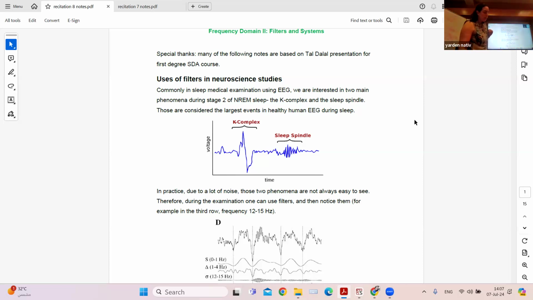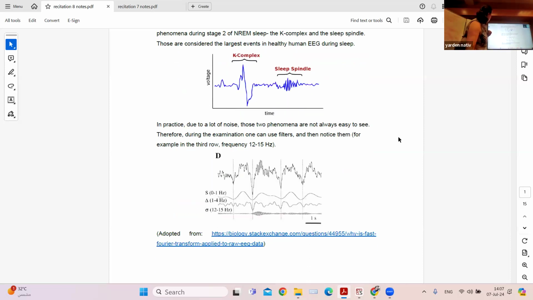So what we're commonly doing is that we take this EEG and then we use a Fourier transform to look at it at different frequencies, okay? We take this full EEG recording into a device, and this device uses the Fourier transform, and then it says, okay, at 0 to 1 hertz, this is the wave that I see.